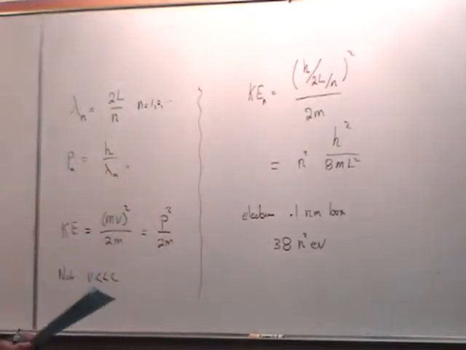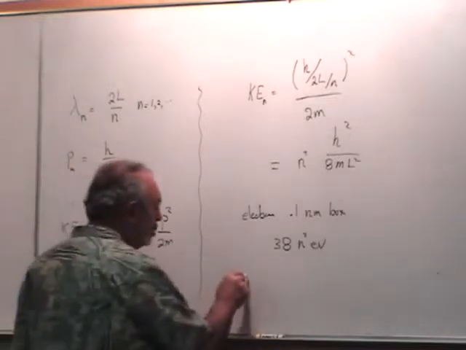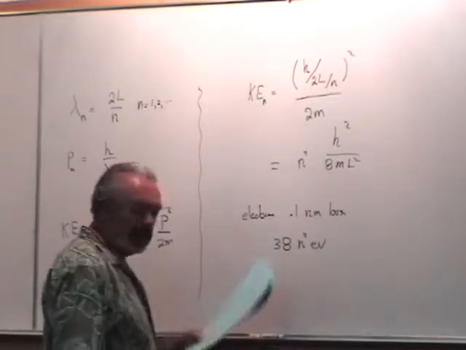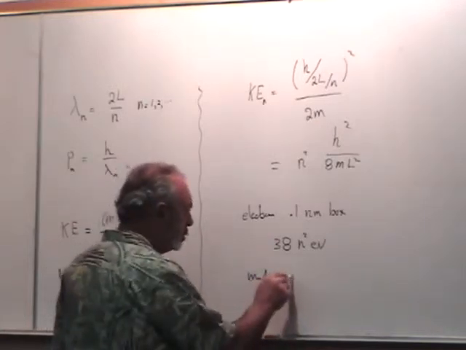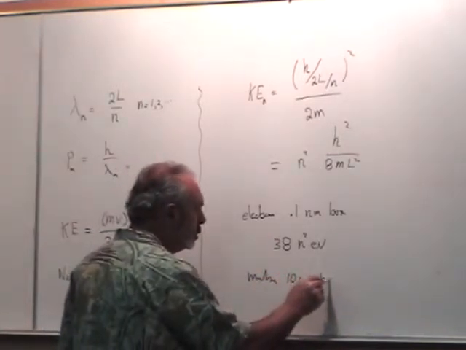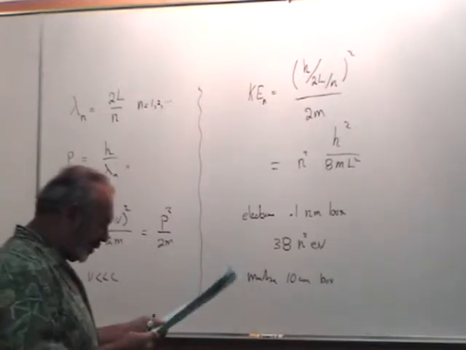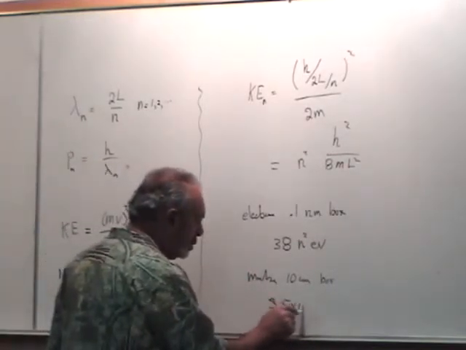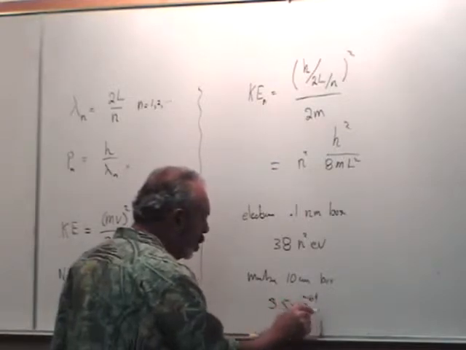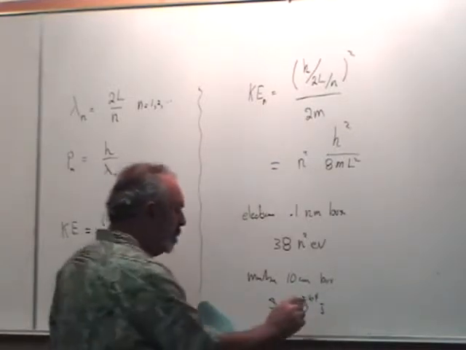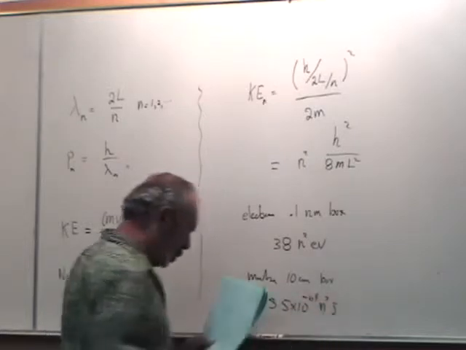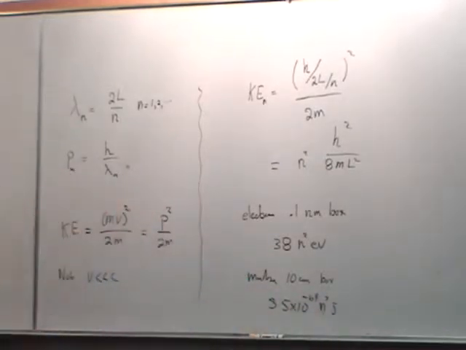Those are the allowed values for an electron, whereas the energy for the marble in a, what was it, a 10 centimeter wide box, ended up as 5.5 times 10 to the minus 64 n squared joules, like that, is the solution you should get there.